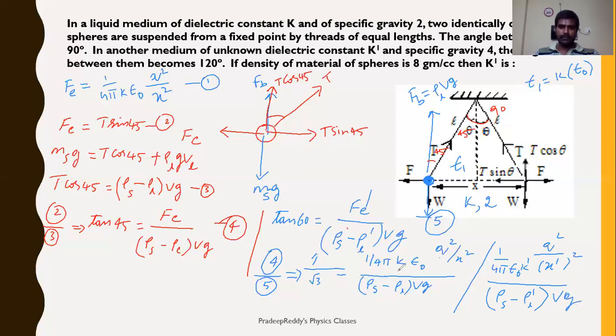You can cancel few terms from here, and that will be Vg over here, 1 by 4 pi epsilon naught you can cancel, Q square gets cancelled, left over will be K by X square by rho S minus rho L, and here it is left over will be K dash, and this two terms and this one. I'll erase few things.